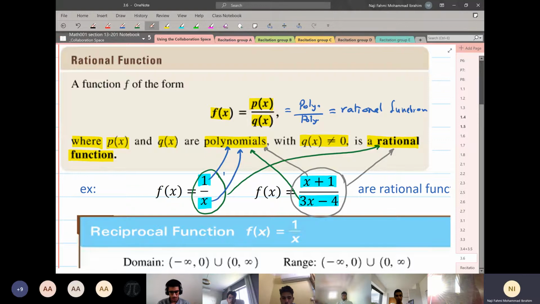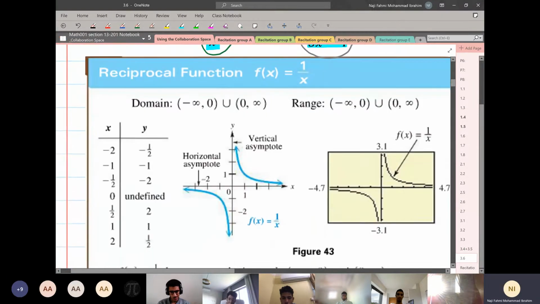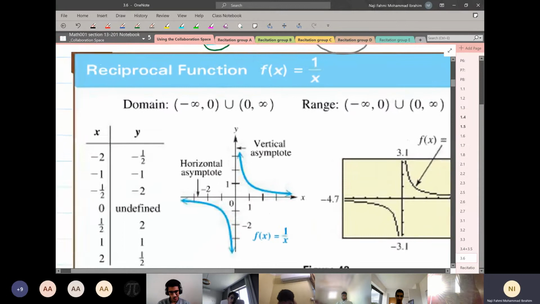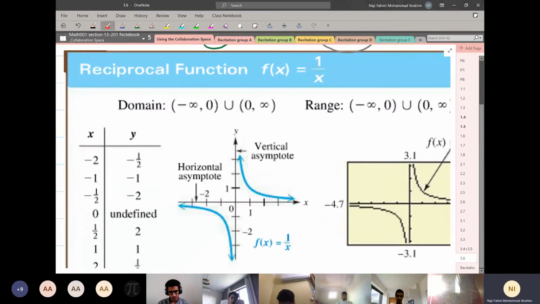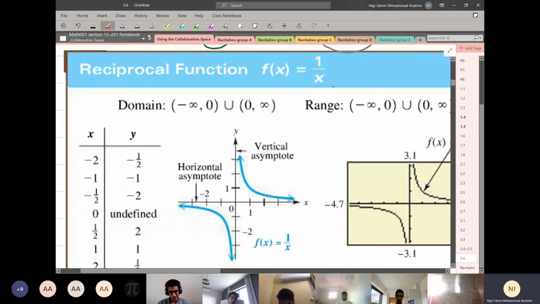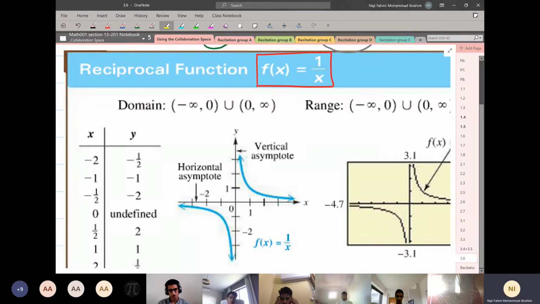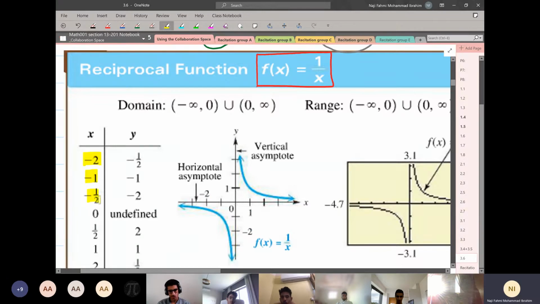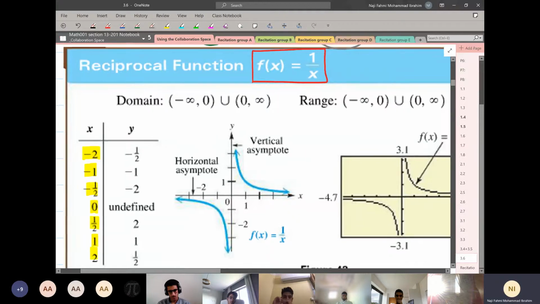Now let's talk about the graph of y equals 1 over x, or f of x equals 1 over x. This is our function now. To graph it, I will make a table of values, and in my table, I will choose some values for x. Here I chose these values that you can see in the table.